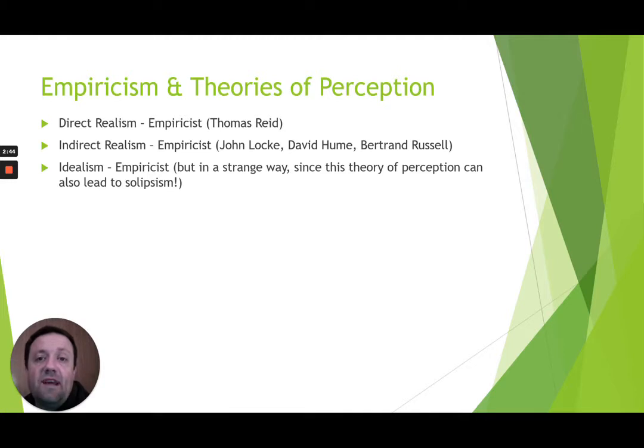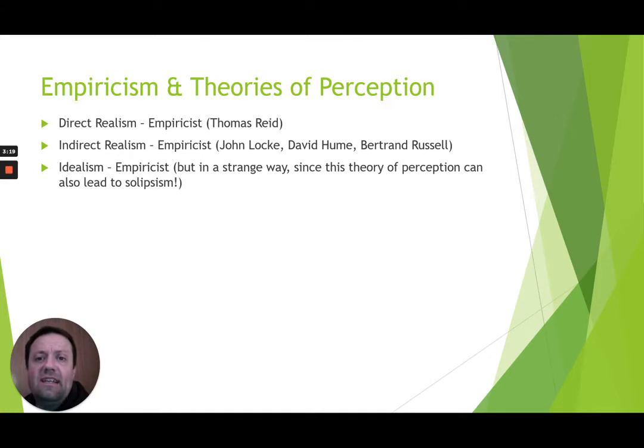Now, empiricism relates closely to the theories of perception that you will have studied. So, direct realism, for example, is an empiricist theory of perception. It argues that our perceptions show us the world exactly as it is, and from that we can gain knowledge. Indirect realism also believes in a mind-independent reality, but also thinks that the mind or the senses mediate that and represent that mind-independent reality to us through the veil of perception.